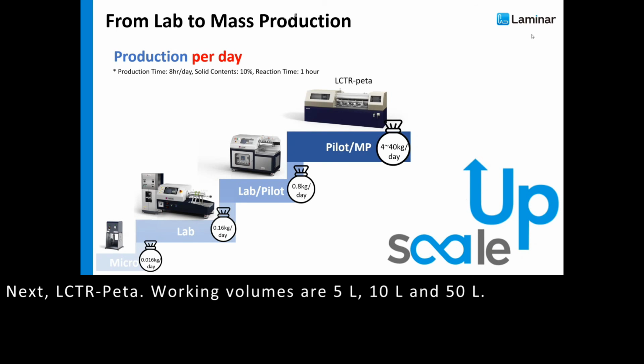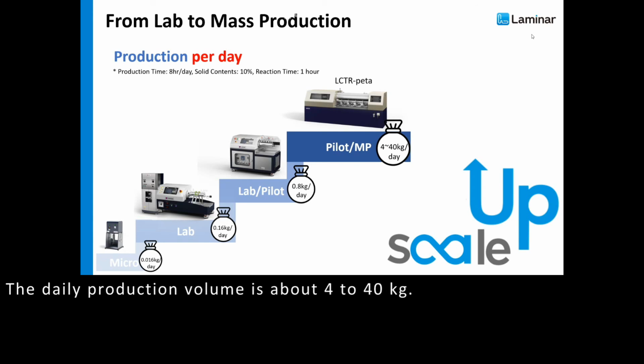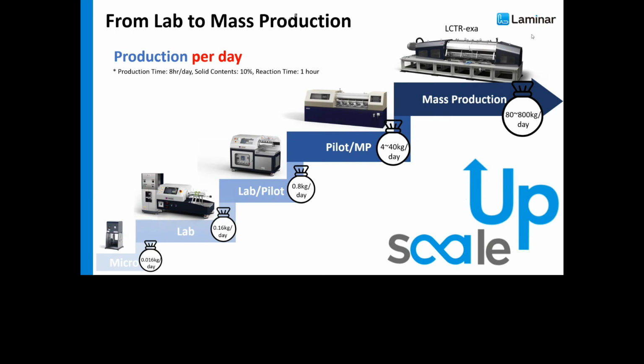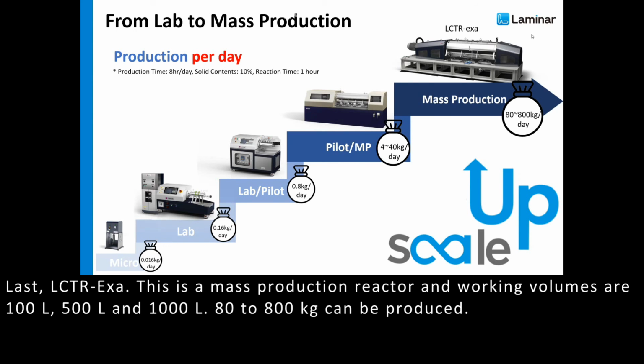Next, LCTR Peta. Working volumes are 5 liters, 10 liters, and 50 liters. The daily production volume is about 4 to 40 kilograms. Last, LCTR Axa.